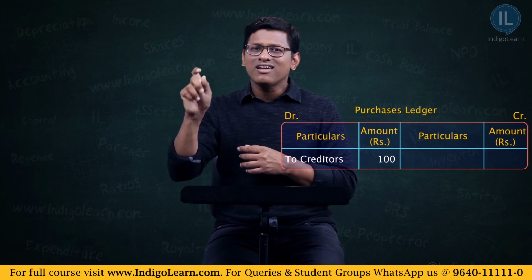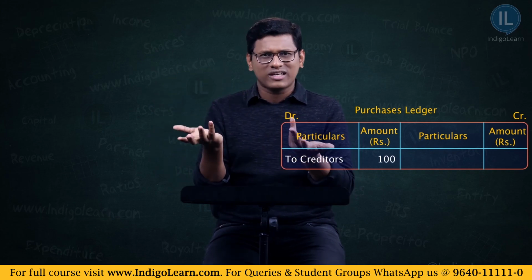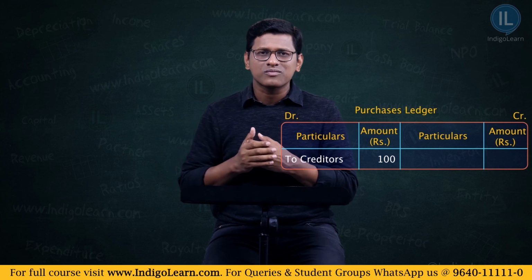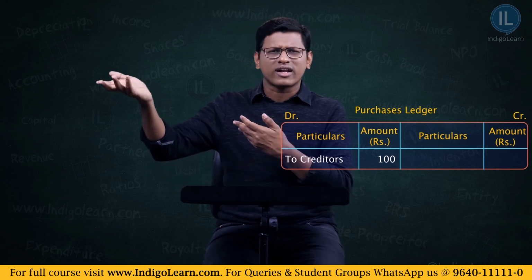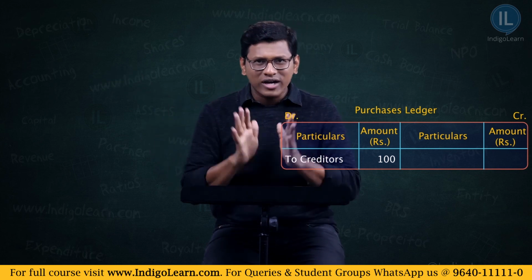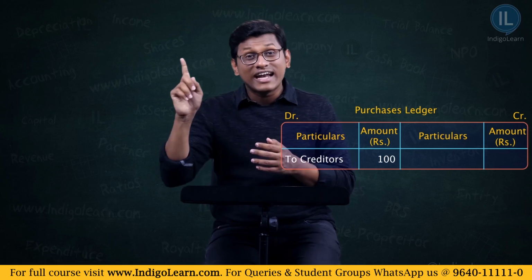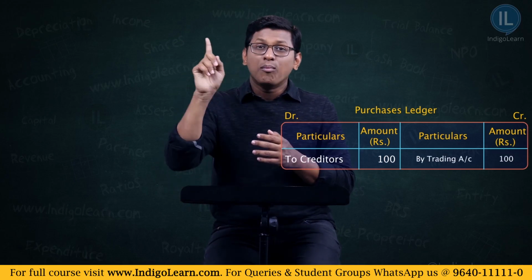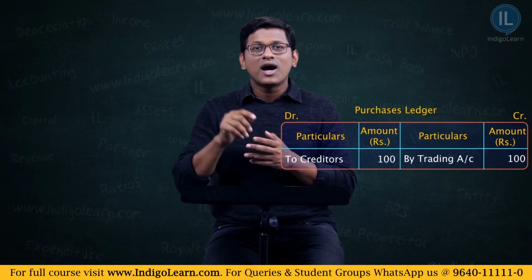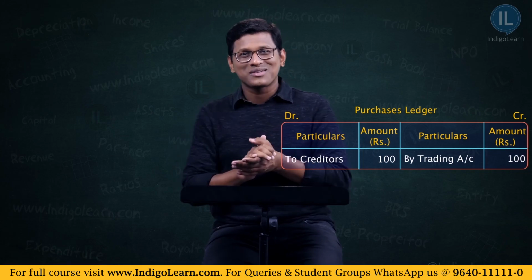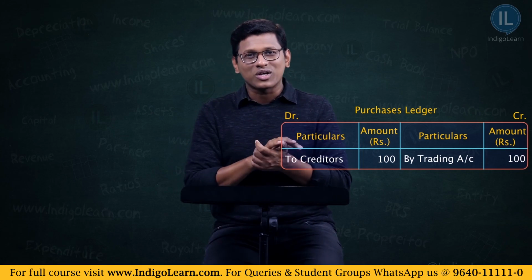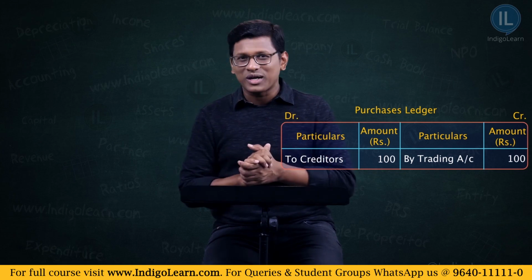To creditor 100 rupees, if you purchased on credit, or to cash 100 rupees if you paid cash. Now, at the end of the year, you will write by trading account. So you will close this by transferring to the trading account.